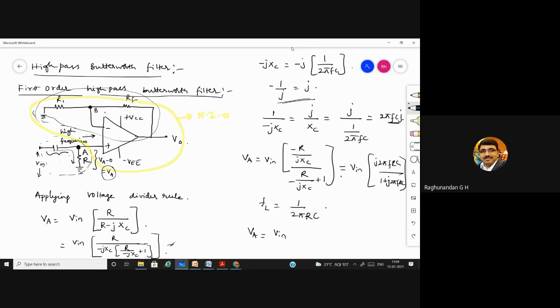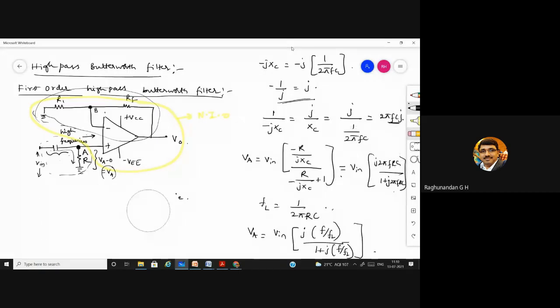If 1 divided by 2 pi RC is equal to FL, obviously 2 pi RC is equal to 1 by FL. So we write j into F divided by FL, divided by 1 plus j into F divided by FL.